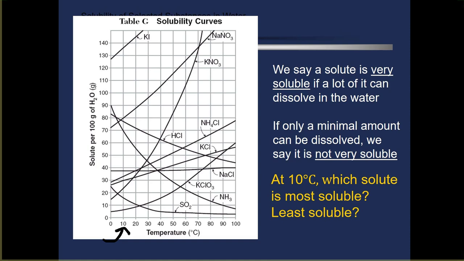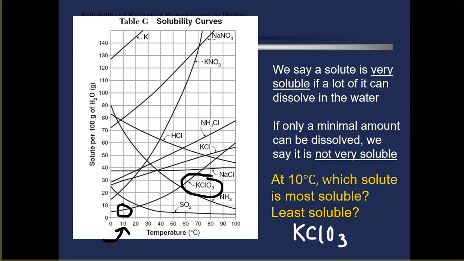And I'm going to just follow it up. And the first line that I come across is this one. And so this one is our potassium chlorate, our KClO3. So this is the one that is the least soluble, and it's the least soluble because it's the lowest on the curve. So, whoops, I didn't mean to write least. I meant to write potassium chlorate is our least soluble.